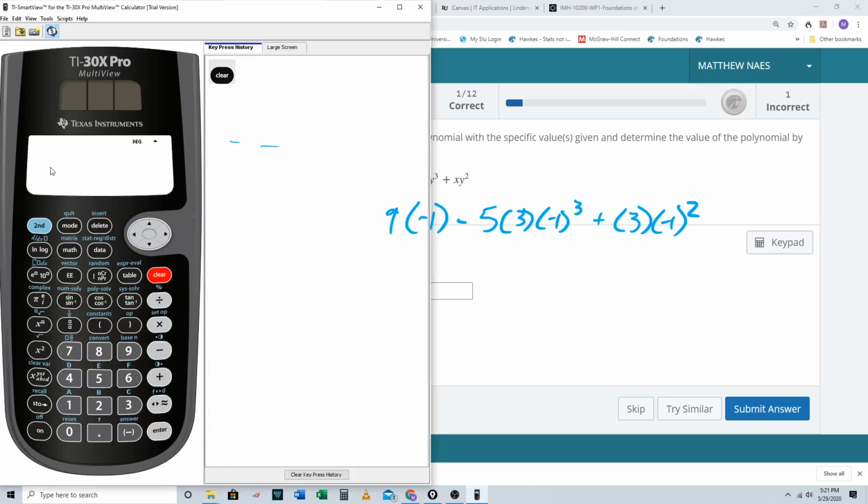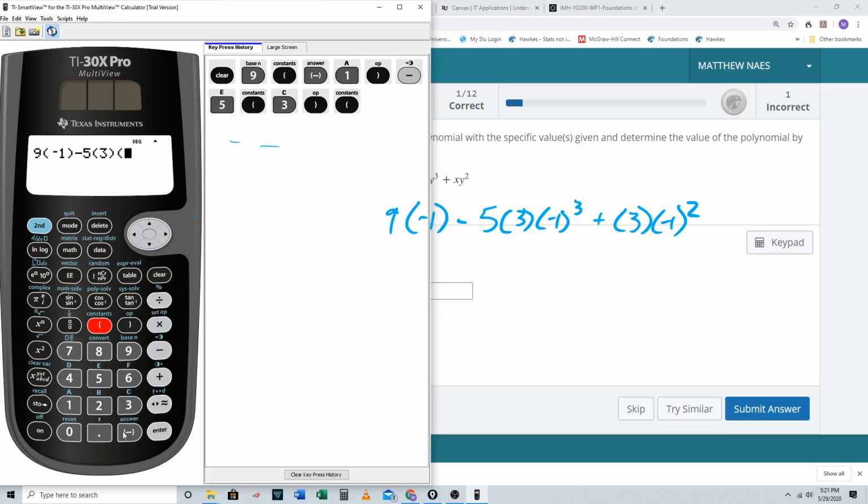Clear. Okay. So 9 parentheses, -1 close parentheses. And we have -5 parentheses, 3 close parentheses, -1 close parentheses. Now, since it's cubed, you have to use the X box here. That allows us to put a 3 up here. Anytime you use that little X box for an exponent, you have to press over so you're no longer in the exponent position.